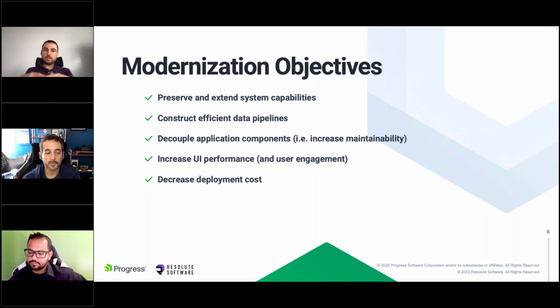So it is generally considered that unless your new modern system can extend the typical system capabilities of your legacy, it's not adding significant value, or the added value of such a system is maybe limited to, yes, better UI, maybe better performance, but the system capabilities, if they're not growing over time, we're not adding significant value. So we see that the modernization objective typically must preserve and then extend all system capabilities.